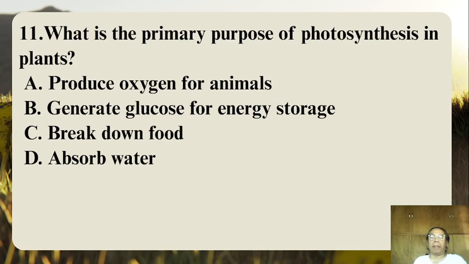MCQ number 11. What is the primary purpose of photosynthesis in plants? Letter A, produce oxygen for animals. Letter B, generate glucose for energy storage. Letter C, break down food. Letter D, absorb water.